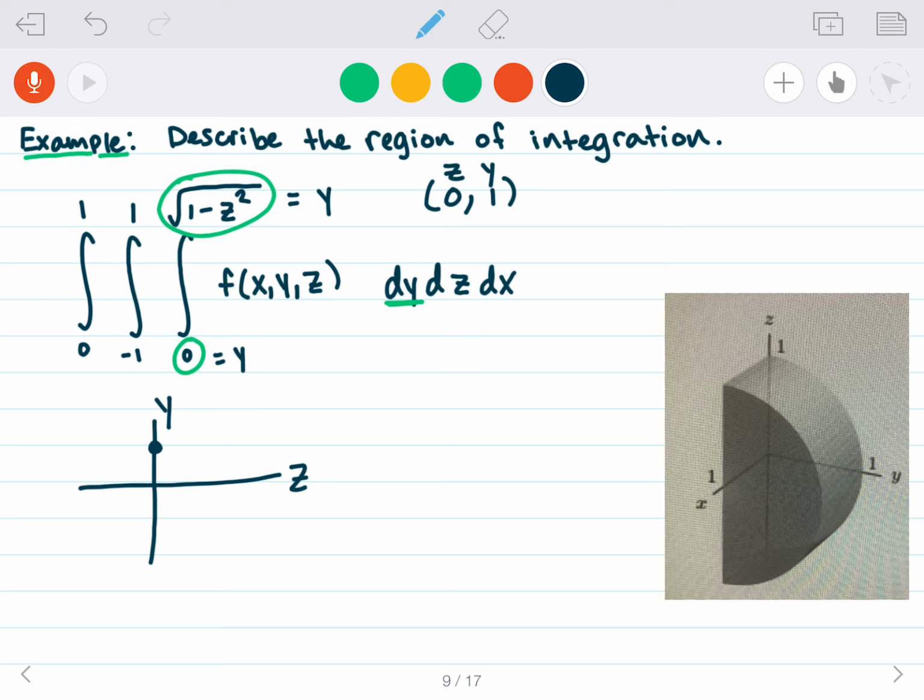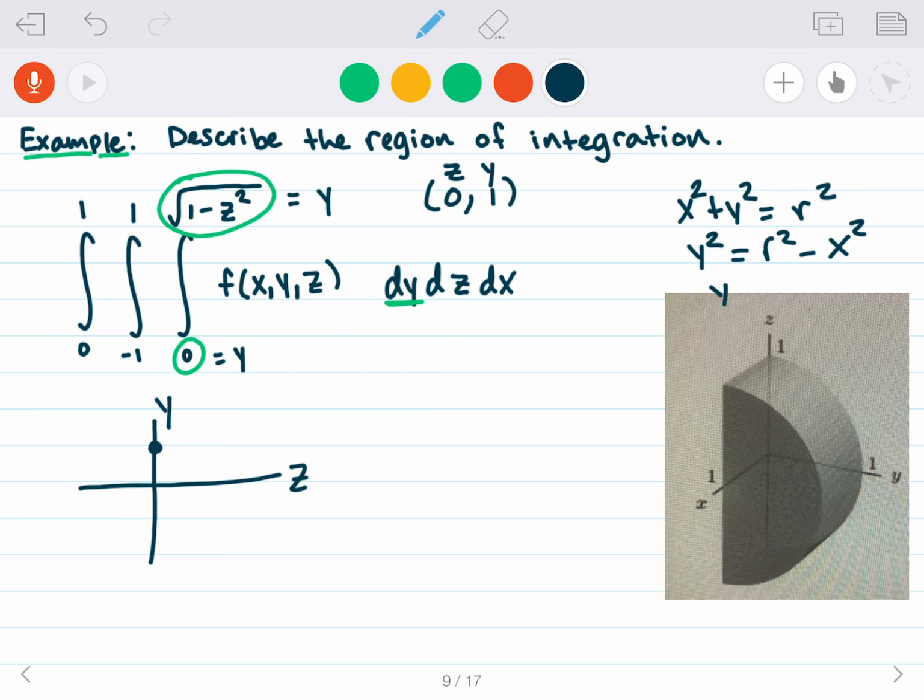How about when z, so these are just key points, right? The observation here is that what we're drawing is a half circle, because the equation of a circle is x squared plus y squared equals r squared. So if we were to isolate y, we'd get y squared equals r squared minus x squared.